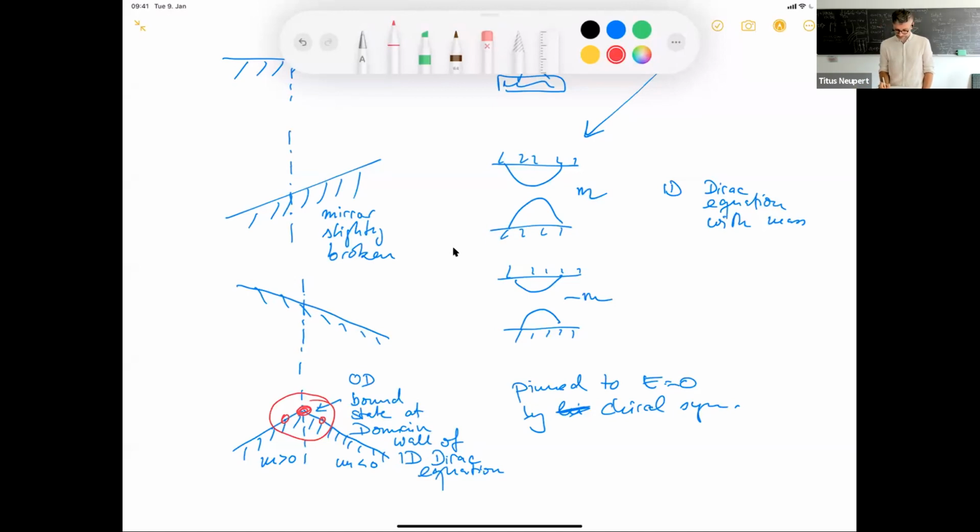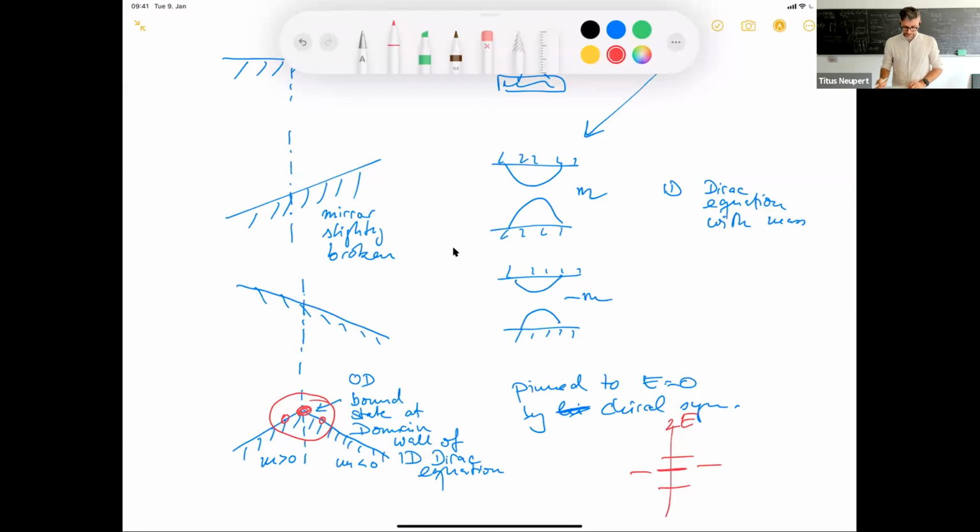So the spectrum will have one state locally. Of course, somewhere it needs to be gapped, otherwise it's kind of pointless to talk about it. But there's an odd number of states at zero energy, and then you can have other states pairwise, or even at zero energy, another pair of states. But that's my energy direction. So what is guaranteed from the bulk topology is that there is an odd number of these corner states.